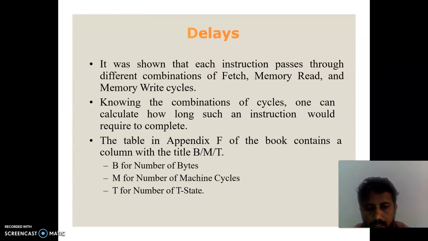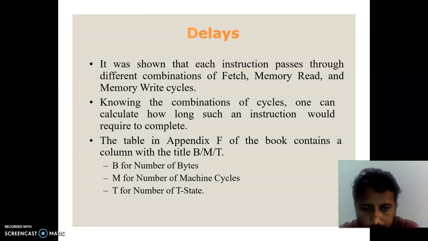Now, if you consider each clock period to be 0.2 microseconds, and opcode fetch takes 4 clock cycles, 4 into 0.2 is 0.8 microseconds to fetch an opcode.